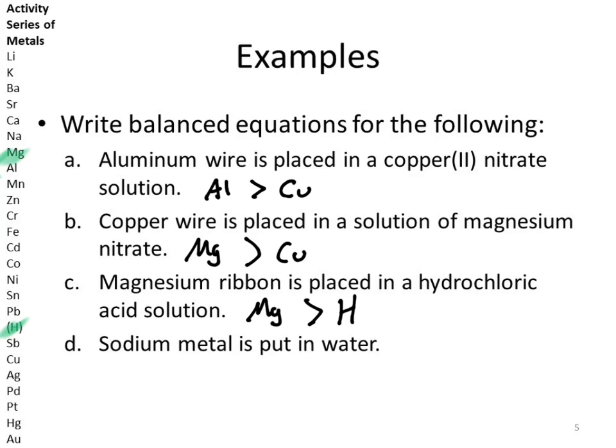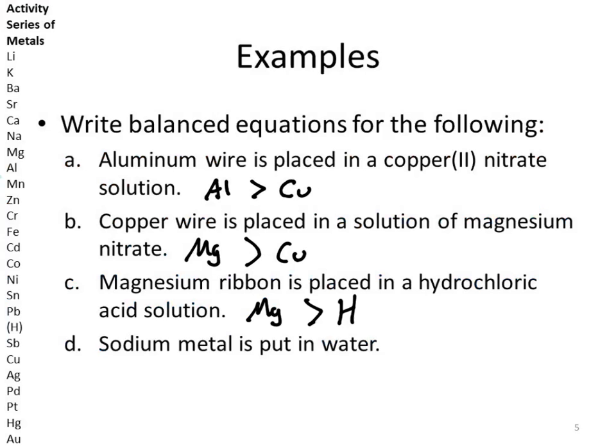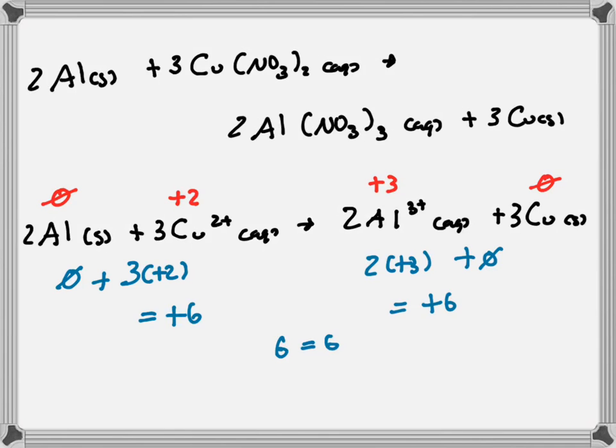This time we're going to take some sodium metal and put it in water. Okay, so we're going to get our sodium metal. Sodium is up here, hydrogen's there. And sodium, if you recall from the previous video, is one of the ones that can displace hydrogen from water.